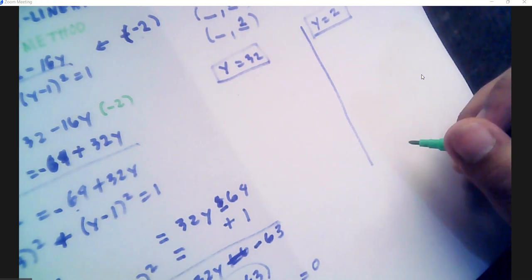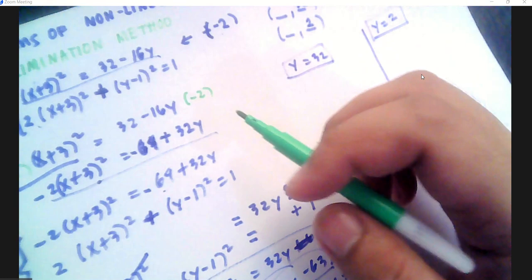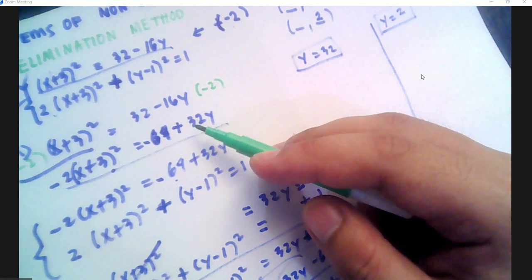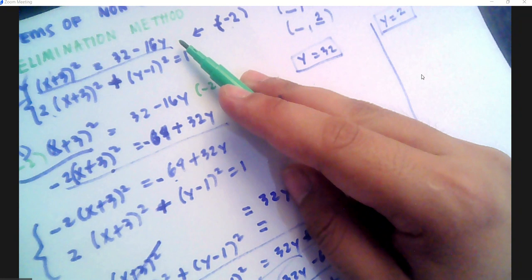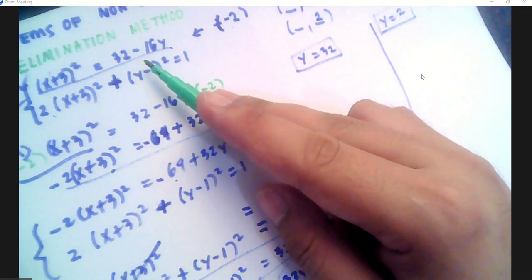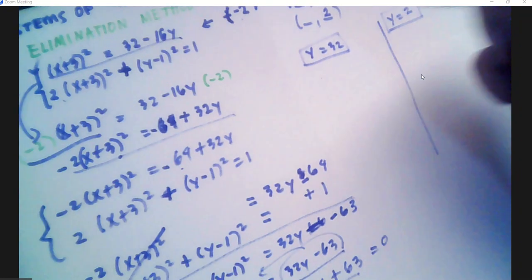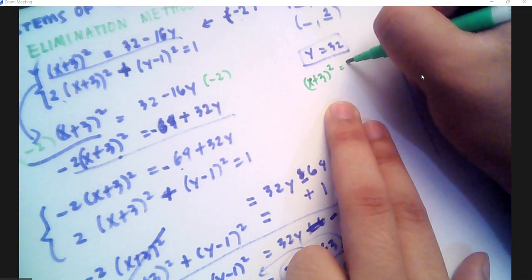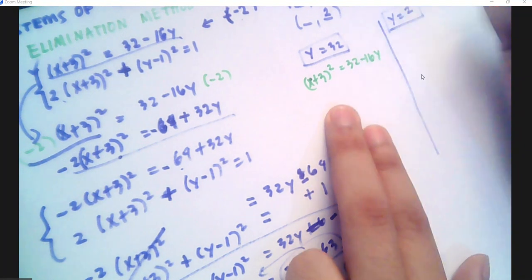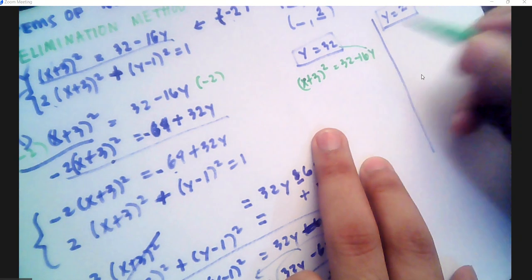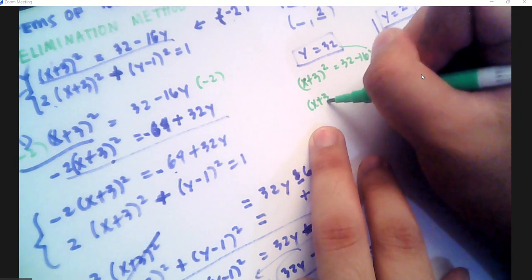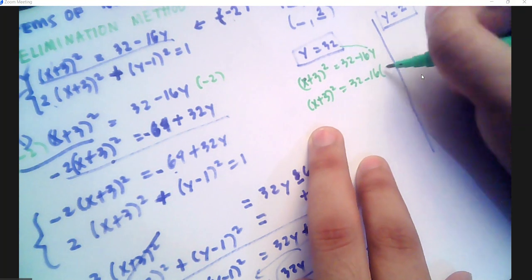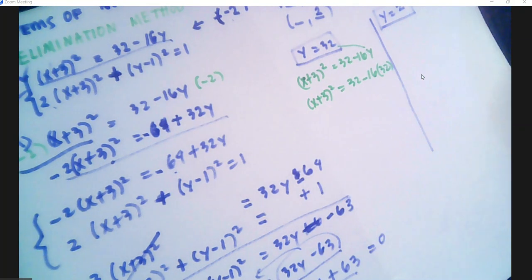So you have, let us use either. So in this case we are going to use the first one or the second one. Let us use the first one, a little bit shorter. x plus 3 squared equals 32 minus 16y. We're going to substitute y in here, so that becomes x plus 3 squared is equal to 32 minus 16 times 32.